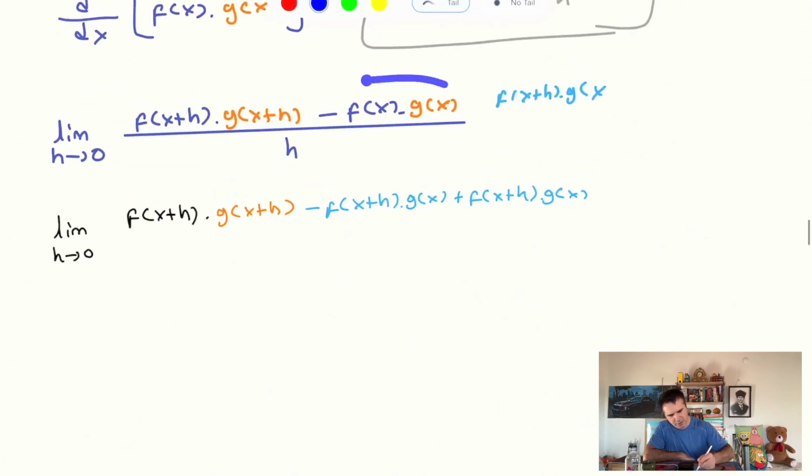And we will write this part again: minus f of x times g of x over h.